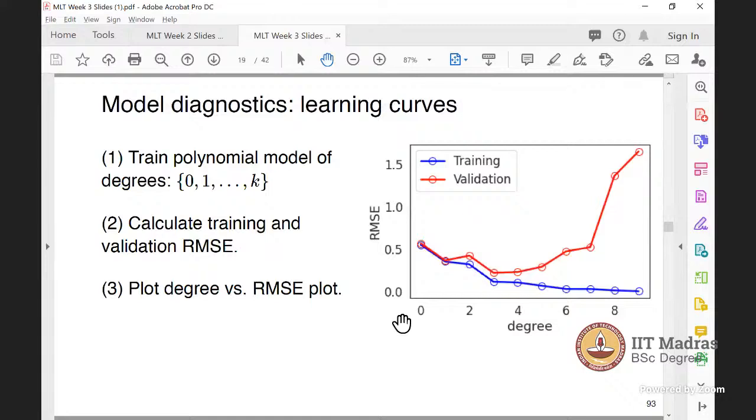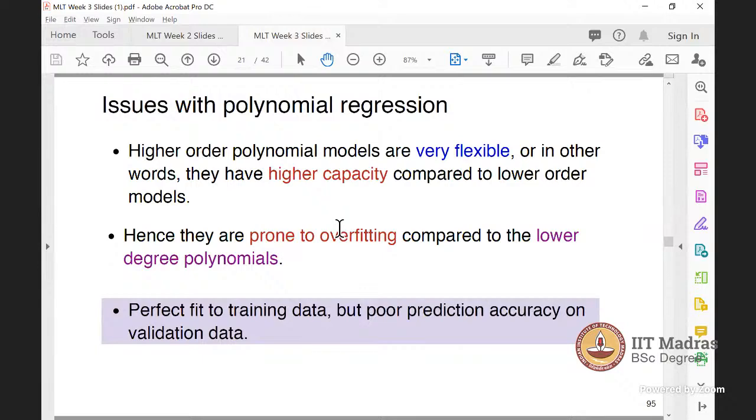The blue curve is the training curve, and the red one is the validation curve. You can see that as the degree increases, the training error is continuously decreasing, but the validation error is increasing. That means our model is not generalizing well. Now we know this problem. How do we solve this issue?